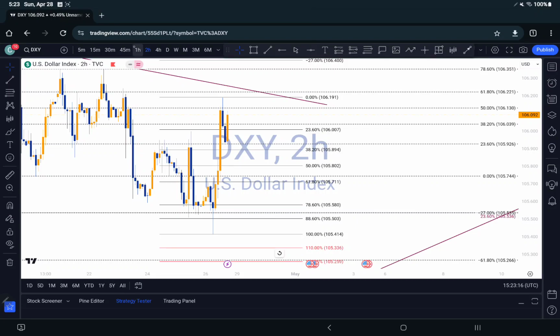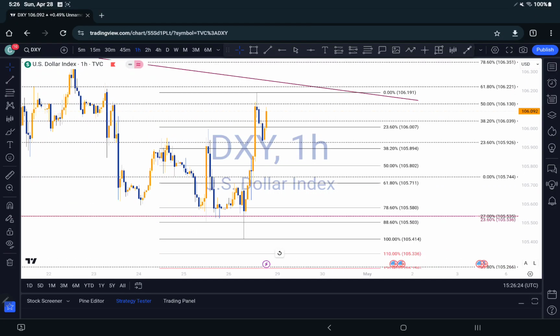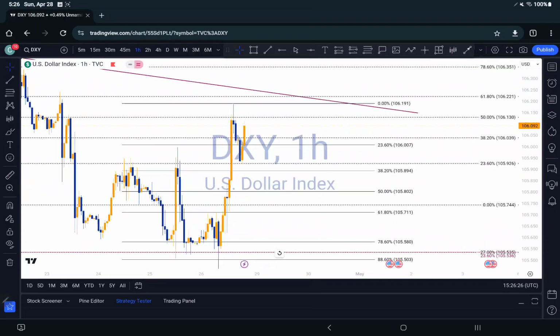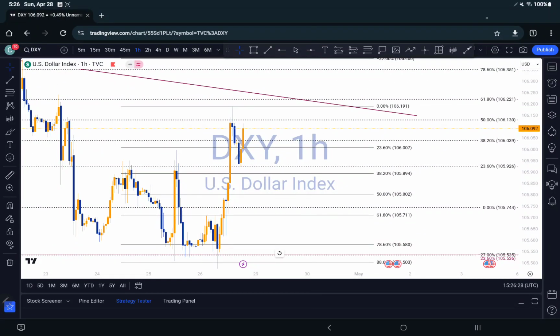And we can see, let's go to, so first, right? My thoughts: there is a possibility for it to actually drop down to either my 38% fib level right here to retrace and push to the upside, or we might get to my 50% fib level right there to retrace and push to the upside, right?